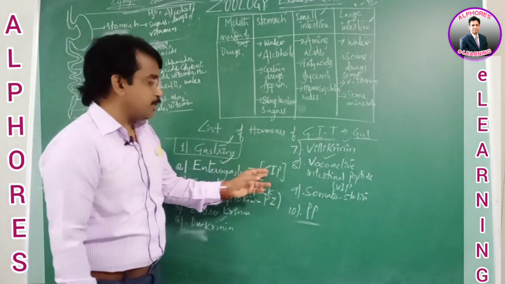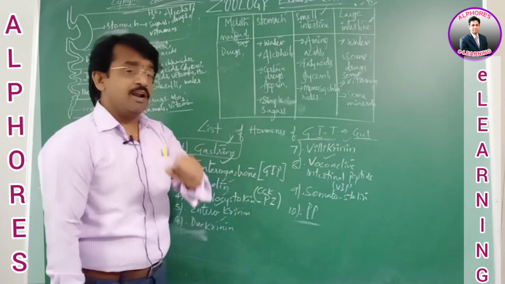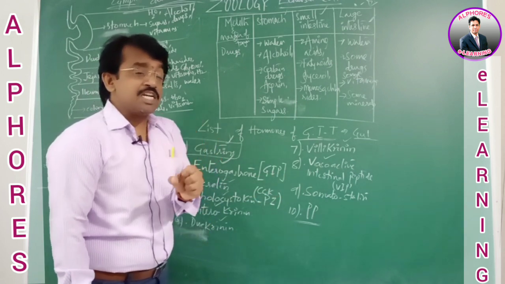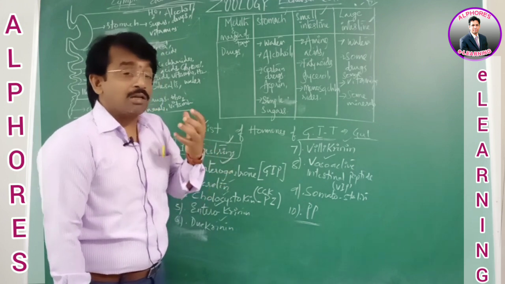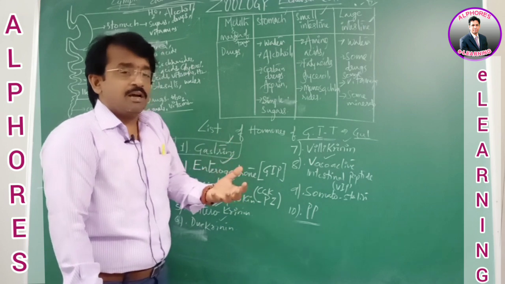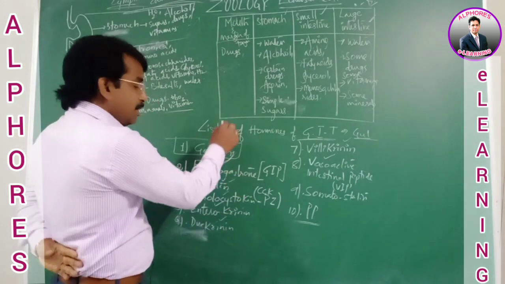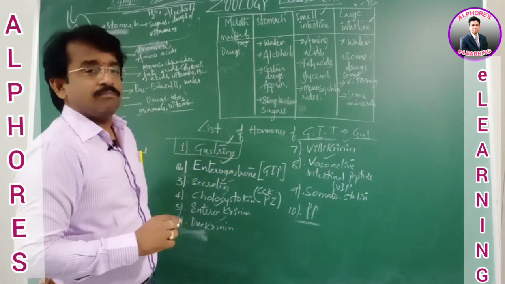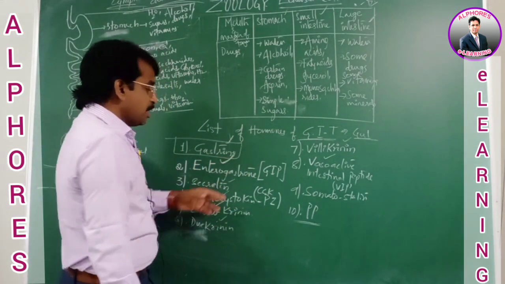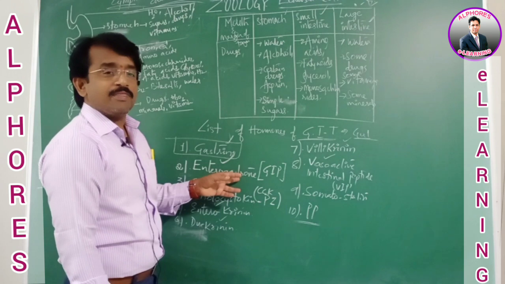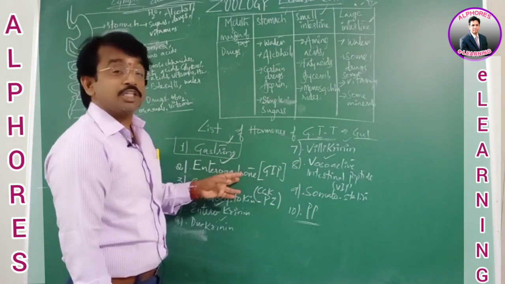Next, enterogastrone, also called the gastric inhibitory peptide hormone. Generally, the acidic condition has to be neutralized in the intestine. Why? An alkaline condition is essential for the complete digestion of the food. So the duodenal epithelium of the intestine secretes enterogastrone, which inhibits the gastric juice secretion.